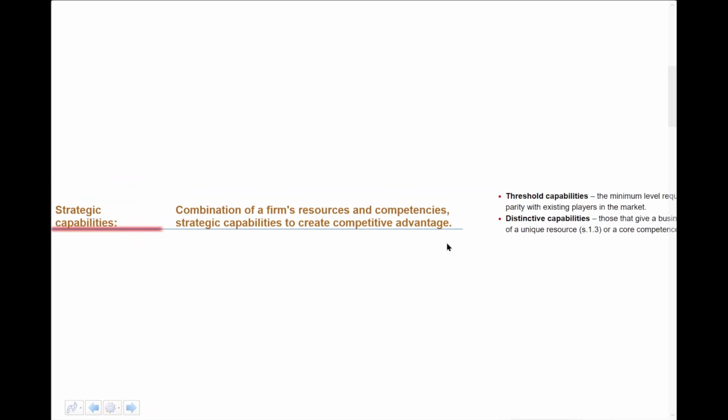Really what we're talking about is the combination of all those assets, whether physical, intangible, human, etc., and indeed your abilities, to create competitive advantage. And that's what businesses, particularly for-profit businesses, are all about, an edge over your competitors.